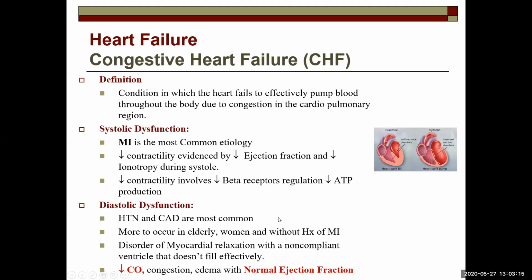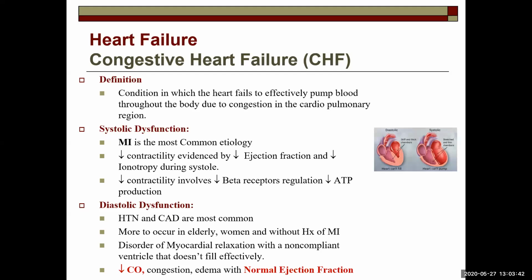During diastolic dysfunction, hypertension and coronary artery disease are most common. If you have hypertension, then you're not pumping effectively, and you're backflowing all the way to the diastolic phase. During diastole, the blood is filling into the ventricles from the atria, sitting there waiting for systole to come.